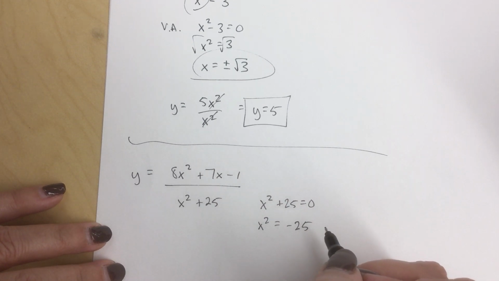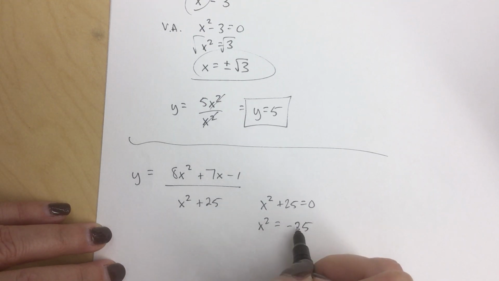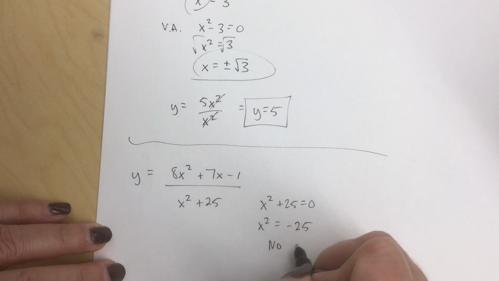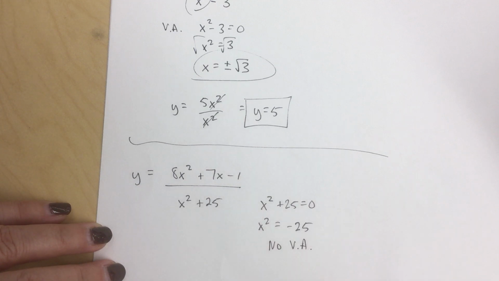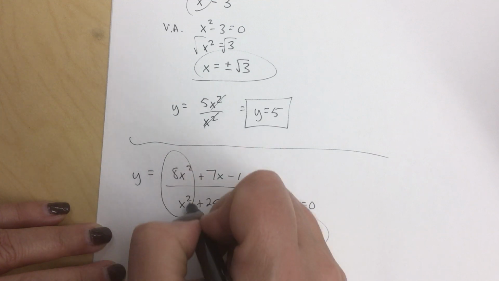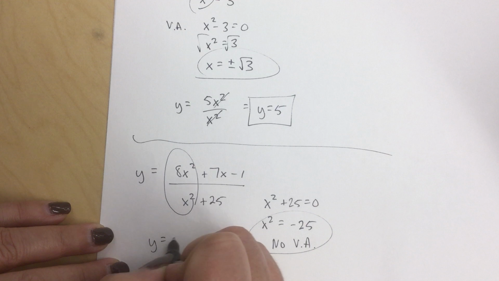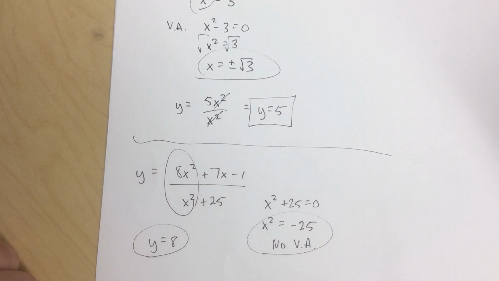If you square root both sides, you're going to get plus and minus 5i. We cannot have a negative number when we square it, so that means there are no vertical asymptotes. Then again, we look at the highest exponents on top and bottom. They're the same, so y equals 8 is going to be my horizontal asymptote.